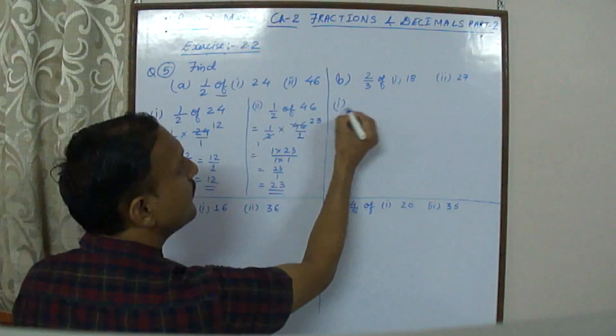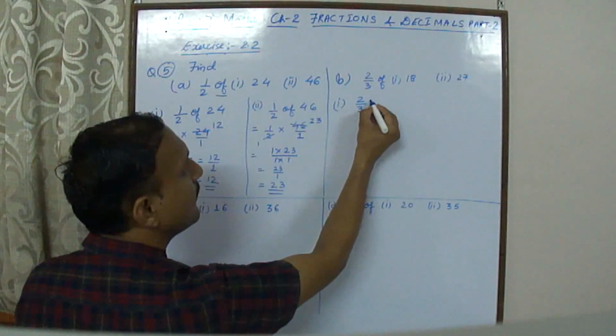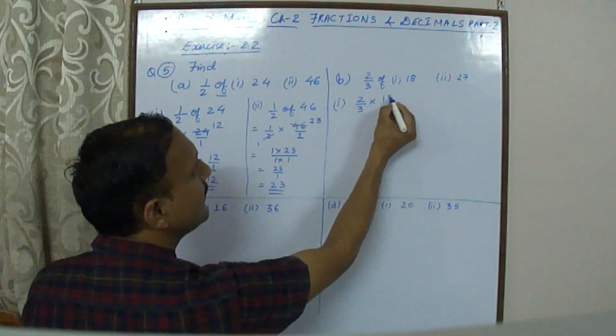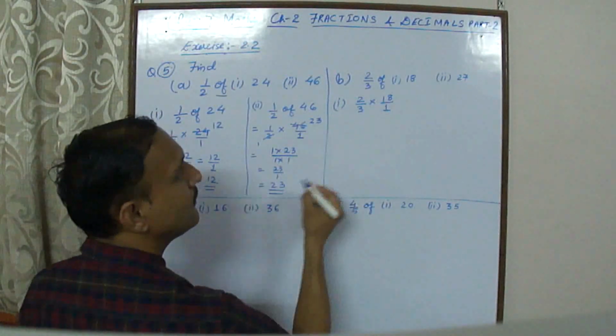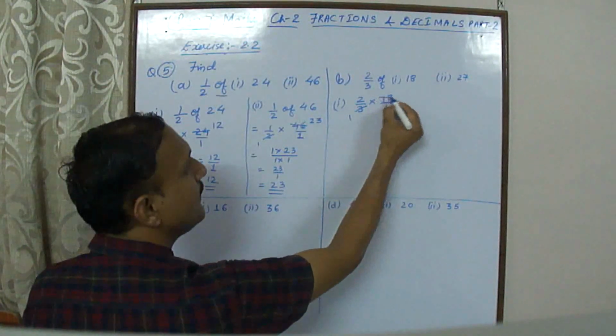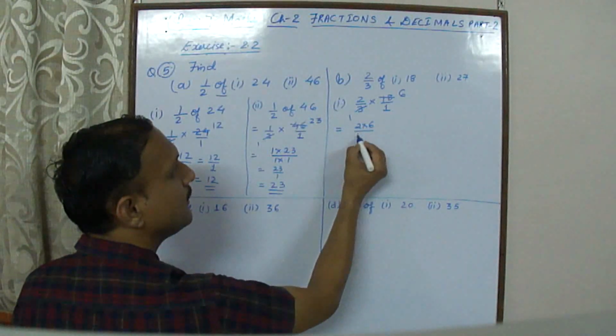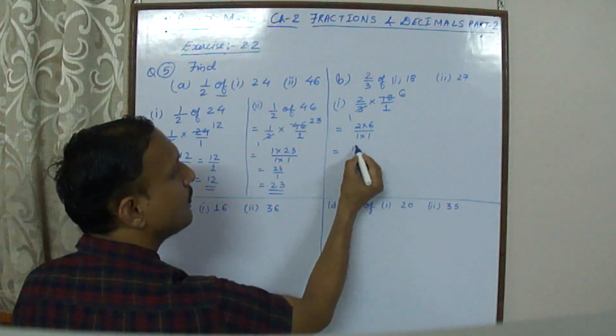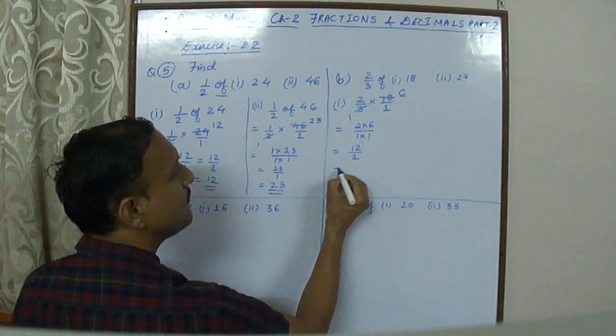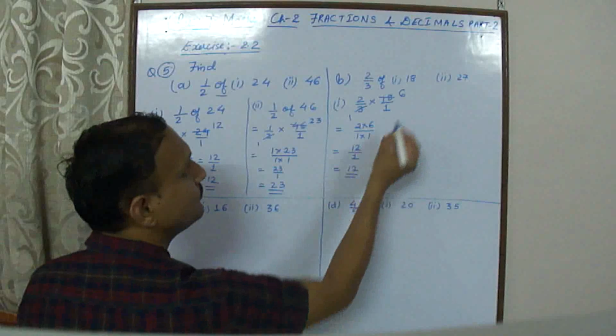First part 2 by 3 into 18 by 1 we can put. 3 ones are 3, 3 6s are 18. Now multiply numerator with numerator and denominator with denominator. 2 6s are 12. 12 by 1 means 12 only.